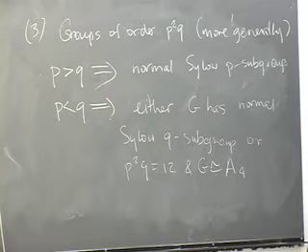But again, what's great about these is that they give you these normal subgroups, and that's useful for a couple of purposes. One purpose I've already mentioned, and that is showing that groups are simple or not simple. Another use is that if you're trying to figure out the structure of a group, often what you can do is break something down into a product of groups, one of them normal, one of them not.